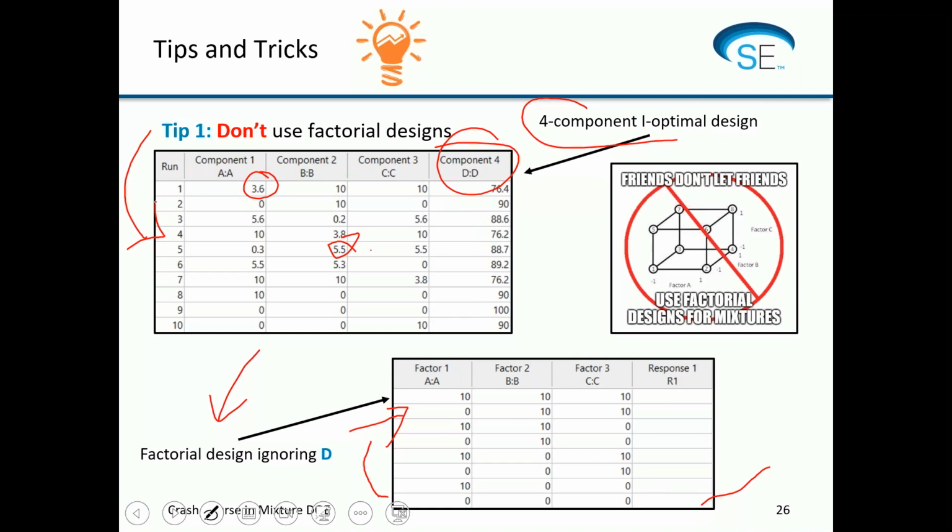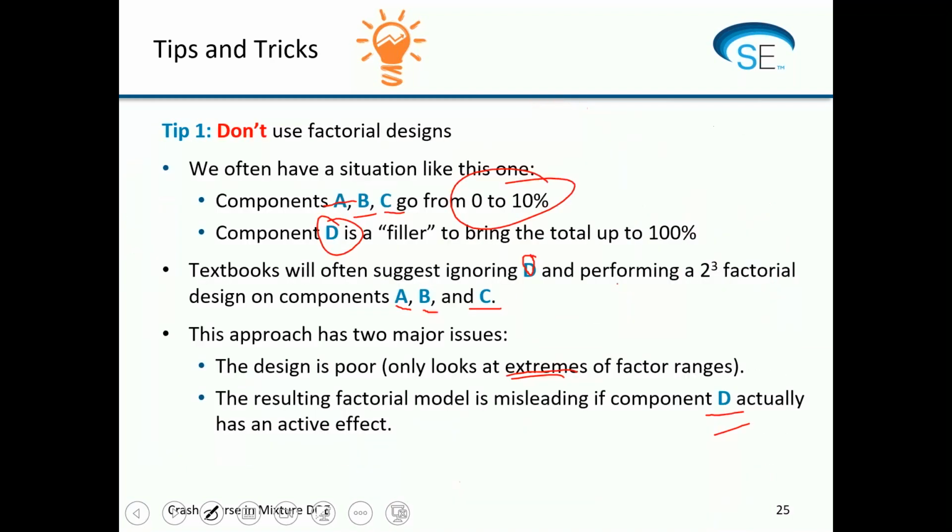So really, to me, I'm not sure why this approach is still promoted. I mean, you can make the argument that you could use it for screening, but even then, there are mixture screening designs that are optimal designs that are, in my opinion, better. And notice how you have to have a filler component.